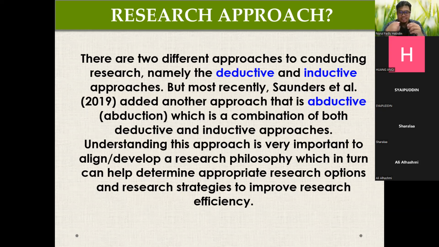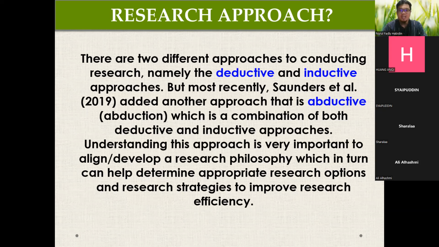Okay, another approach is abductive. Somehow we call that abduction, which is a combination of both deductive and inductive, and it uses a mixed method. For example, in a mixed method design, we need to use qualitative and quantitative methods.